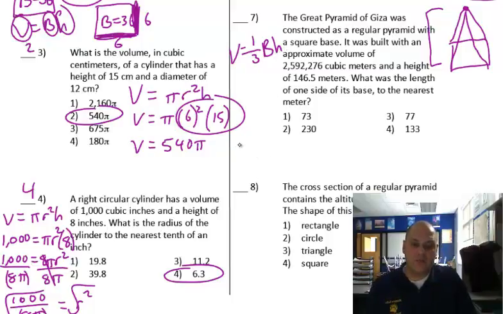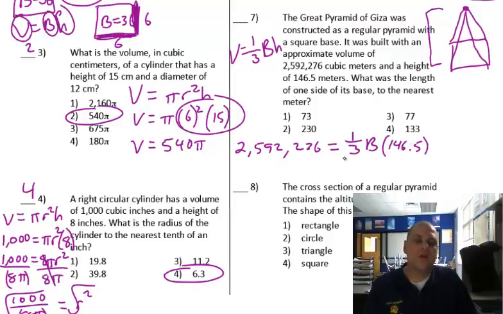I know the volume, so 2,592,276 equals 1/3 B, I don't know B, and the height is 146.5. So you want to solve for B. We're going to divide by 146.5. I know I'm going to run out of room here, so I'm going to go up here now.